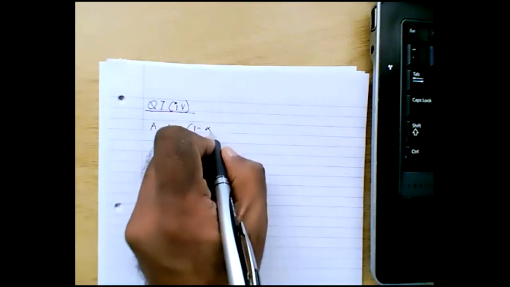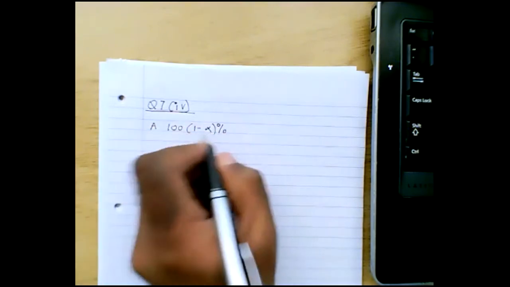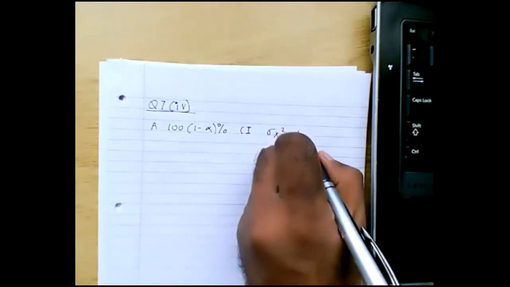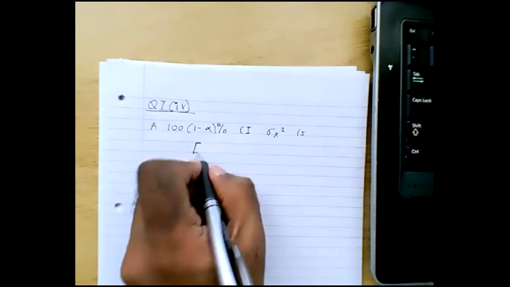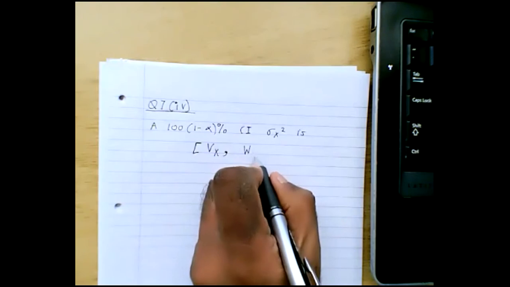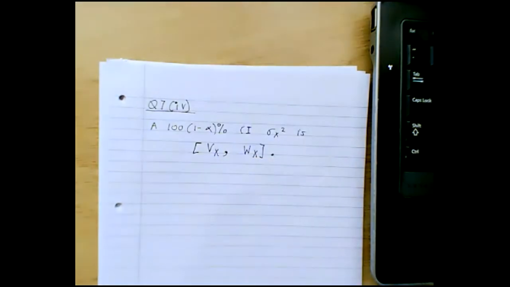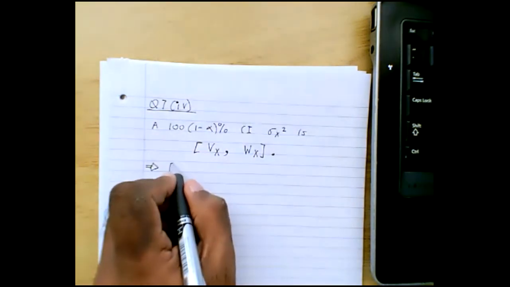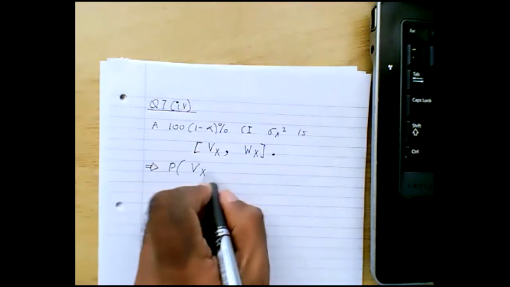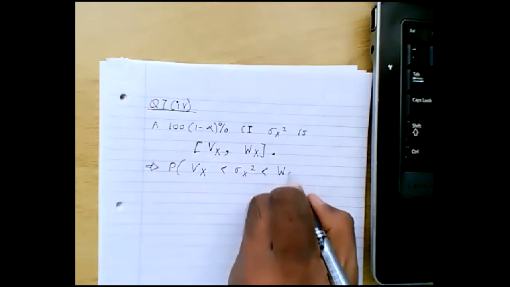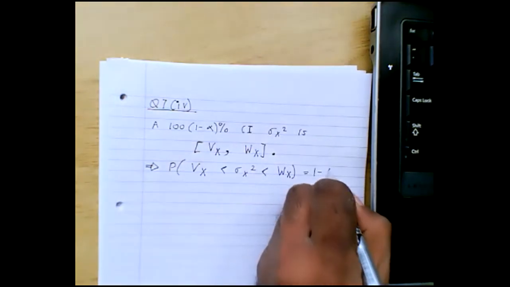You are given that the 100 times 1 minus alpha percent confidence interval for sigma x squared is the following, V to W. This is given to you. This implies that the probability that sigma x squared lies between Vx and Wx is 1 minus alpha.